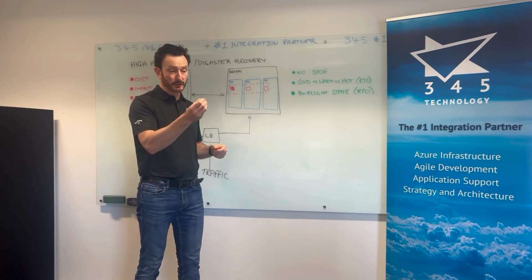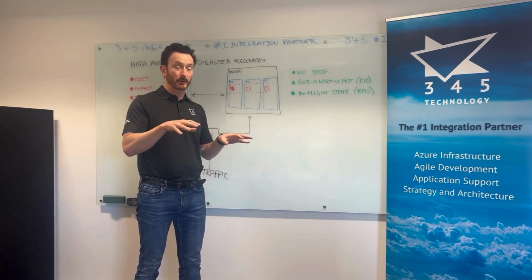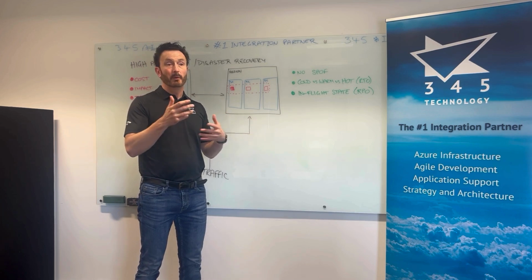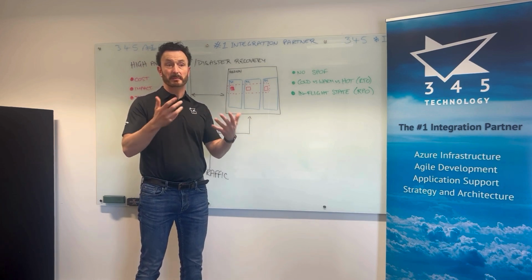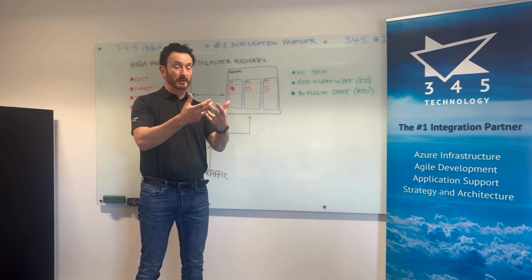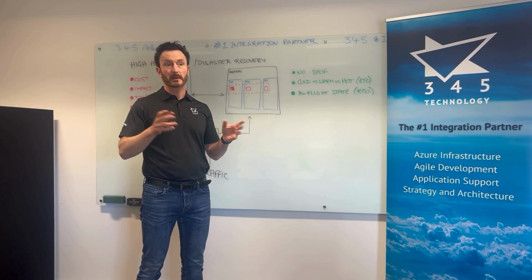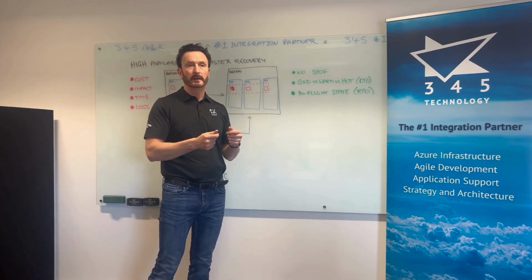Because if there's just one thing that your application depends on, and then that goes, you've lost it. So we always have redundancy, or we try to build in redundancy. That's why web farms have pools of web servers, so if one of them goes, the other ones can take over.